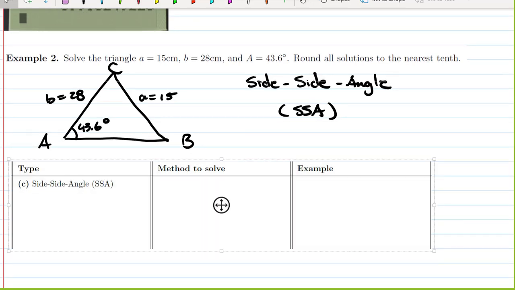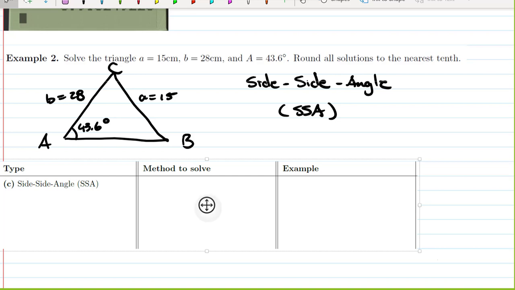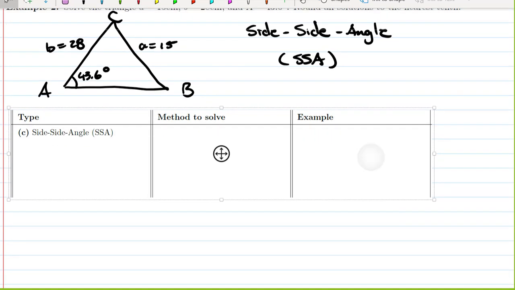So side side angle is also going to be solved by the method law of sines.